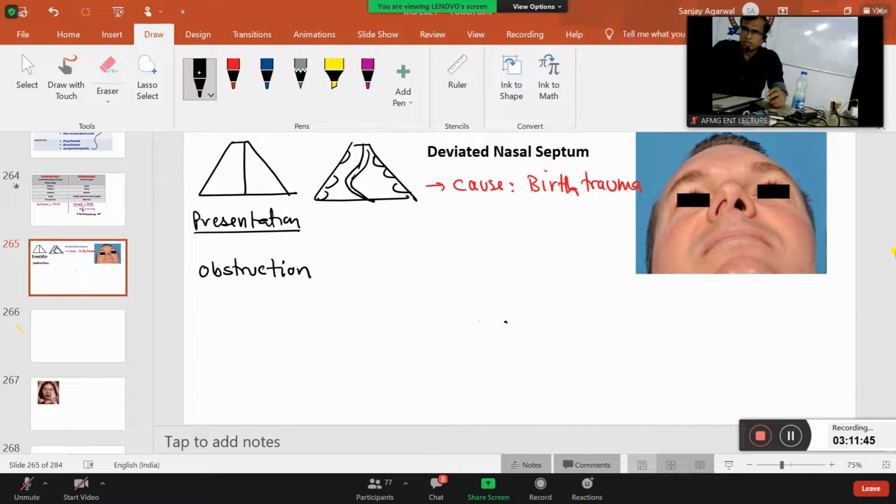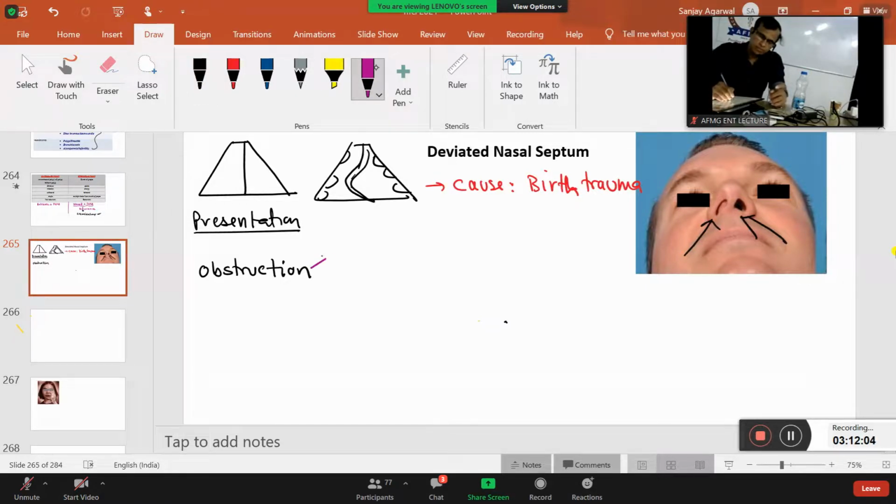Which side is it on? The same side as the DNS, or the opposite side of the DNS? This is the same side, this is the opposite side. On the same side, obviously, the space is reduced.